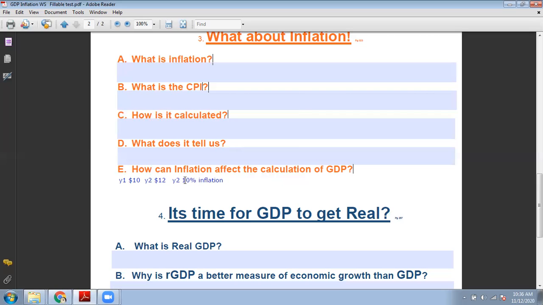But here's the tricky part. Let's just assume in year 1, we make the exact same amount of goods as year 2. So that means year 1, we make this much goods, and year 2, we make the exact same amount of goods. If you're understanding what GDP is, you would say that year 1 and year 2 were just as well off. GDP did not change.